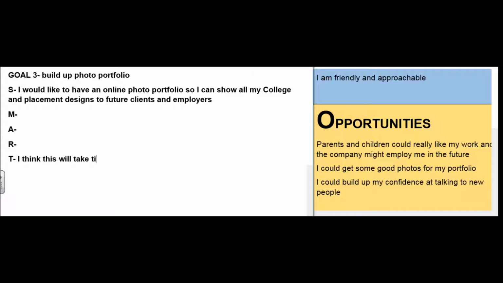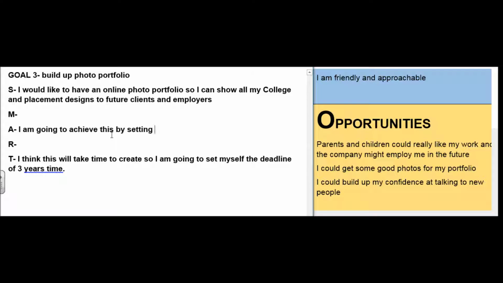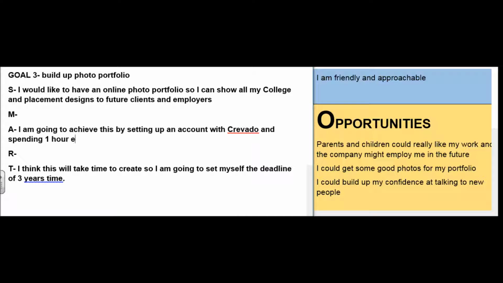And her time scale, because she thinks it's going to take a bit of time to create this, she's actually setting a longer deadline of 3 years' time. And her achievable element is that she's going to achieve it by setting up an account with Cravado, which is an online website, and she's going to set aside 1 hour every week to edit and put up her pictures.